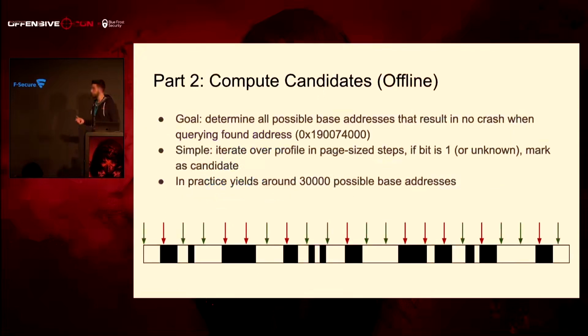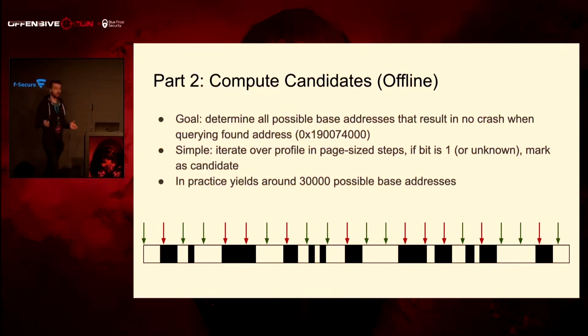Okay. The next thing we do is, again, offline. We have to now compute all the possible base addresses that would lead to us not crashing on this particular address that we just probed. And this is, again, very easy. We just go in page size steps over our shared cache profile.